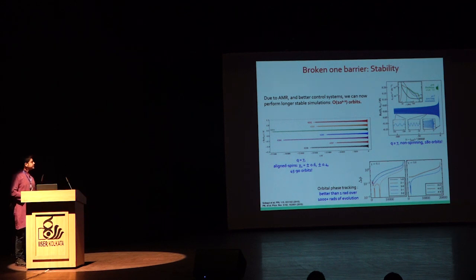Okay, so some of the technical accomplishments that we have made, for example, the first one is being able to perform long, stable simulations. I really want to highlight this one, which was a mass ratio 7 system, which did not have spins on the black holes, but it was stably run for about 180 orbits.